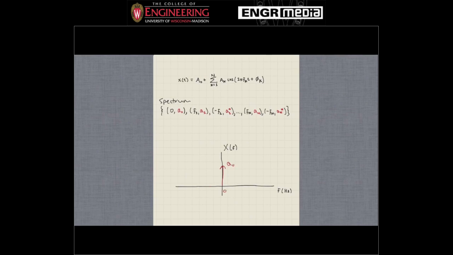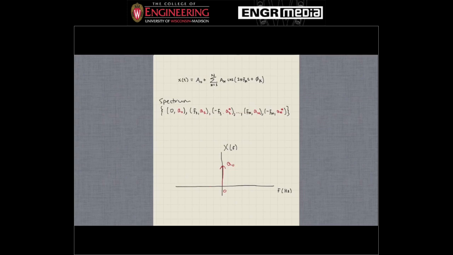Whatever that value might be, at frequency 0 the signal has amplitude A naught. This really tells us the amount of energy that's in the signal at that particular frequency. And then we move on to the next frequency, which again I have a little typo here. This should be F1, right? Because at each frequency there's the positive part and the negative part. Okay?